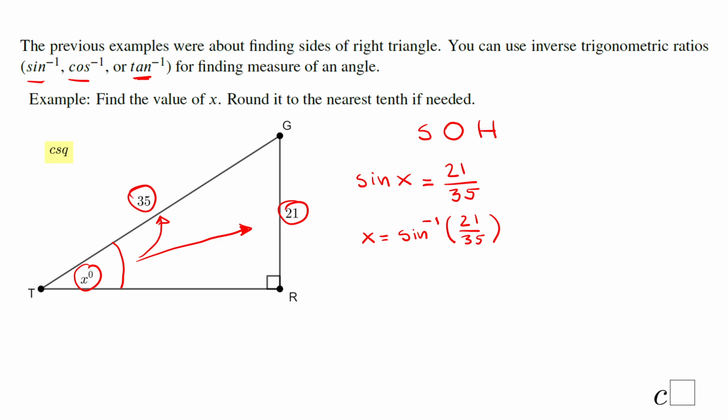But then be careful how you put it in the calculator, depending on the calculator. The angle for which the sine is 21 over 35 has a measure of 36.86. I'm going to round it to the nearest tenth, so I'm going to say 36.9. So this is an evaluation to the nearest tenth. This is the exact value.